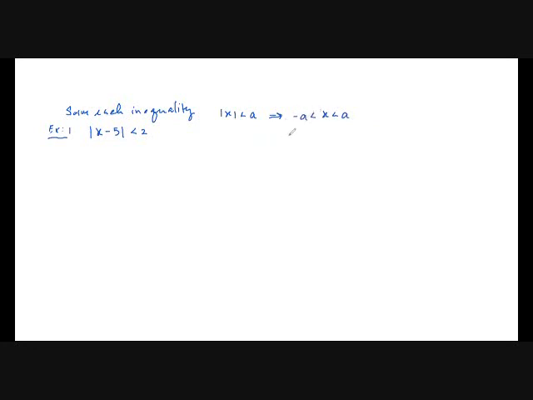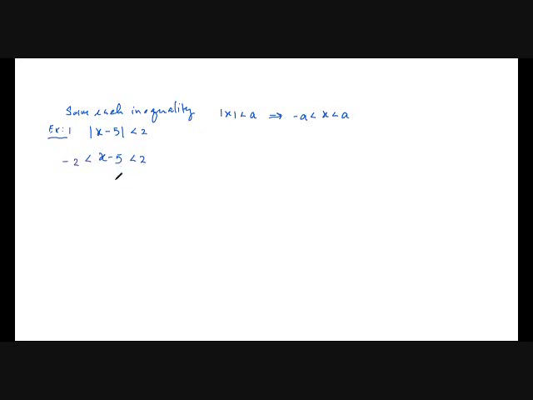That's the definition of absolute value, one of two cases. So this is the first case. Now you apply this definition. You open the absolute value sides and you have x minus 5 less than 2, and greater than negative 2.